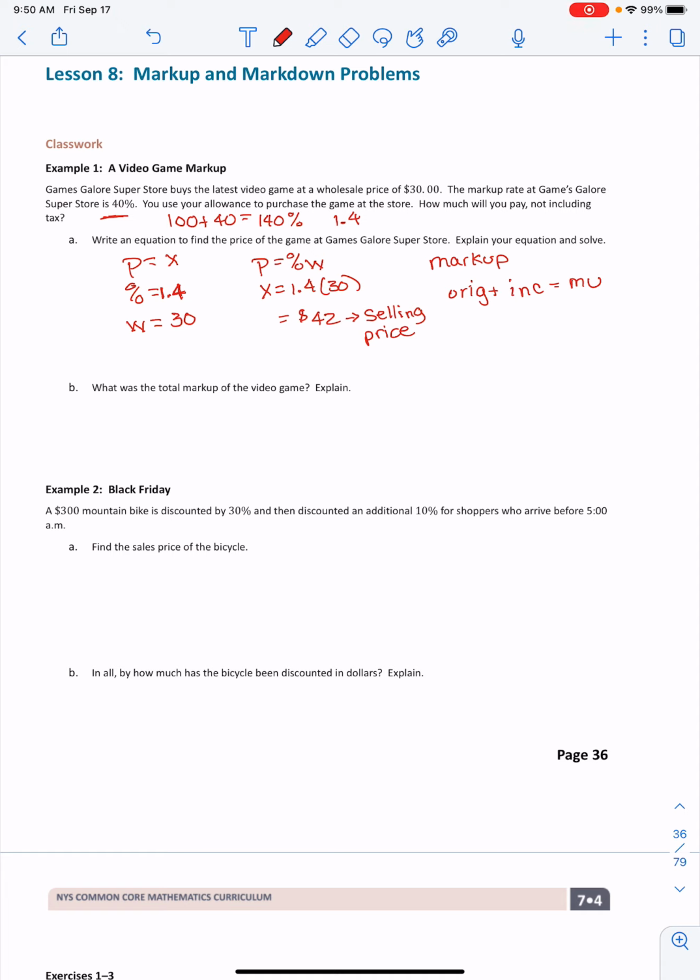It says, what was the total markup of the video game? And explain. Well, if we take the $42 that was the selling price, subtract what the company paid, our markup is $12. That's the cost with the markup minus the original.